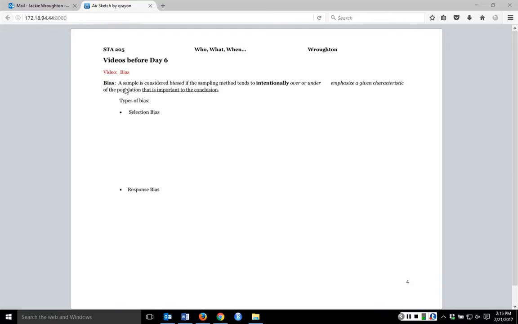Alright, so let's talk about what we mean. We'll look at a couple of examples of what those are. So first, let's talk about what's called selection bias. And I like a lot of these names because they're generally pretty self-explanatory for what type of bias it actually is. So selection bias is bias that's associated with how the sample is selected.